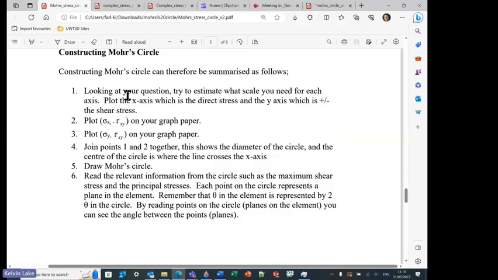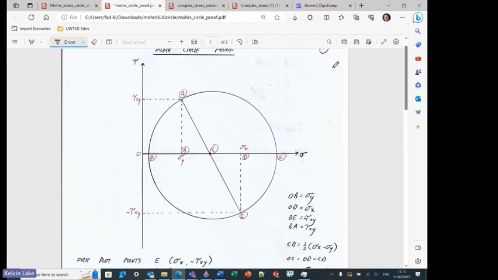Okay, so creating it, we just follow these 6 steps. We'll show in a bit more detail how we'd go about constructing our circle, and then how we'd answer the questions once we read information from Mohr's circle. Okay, what I want to do first is to show why it works.